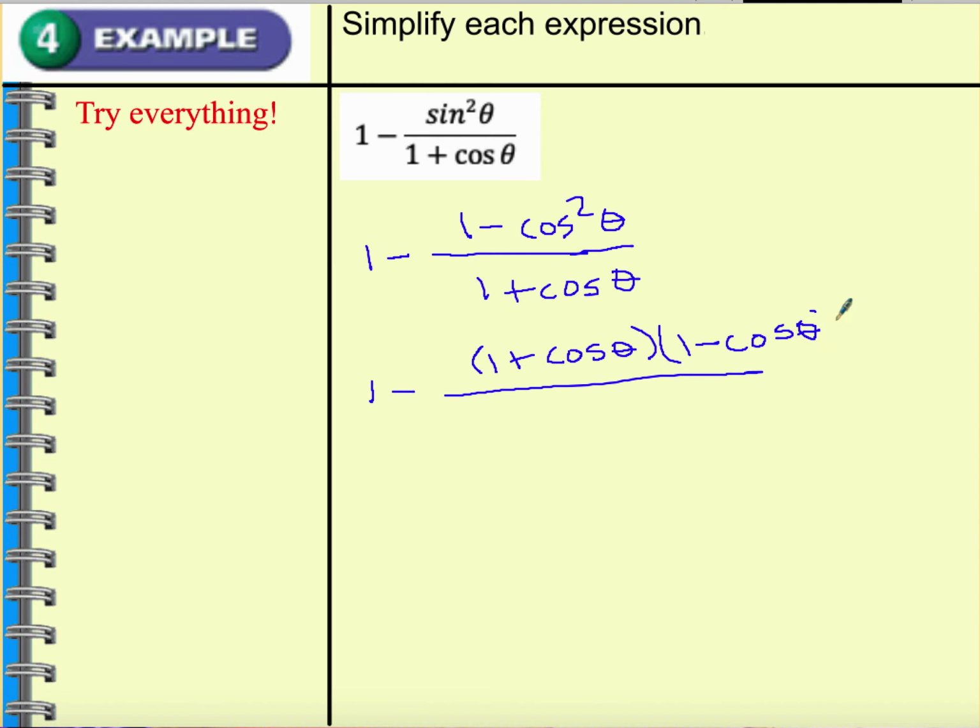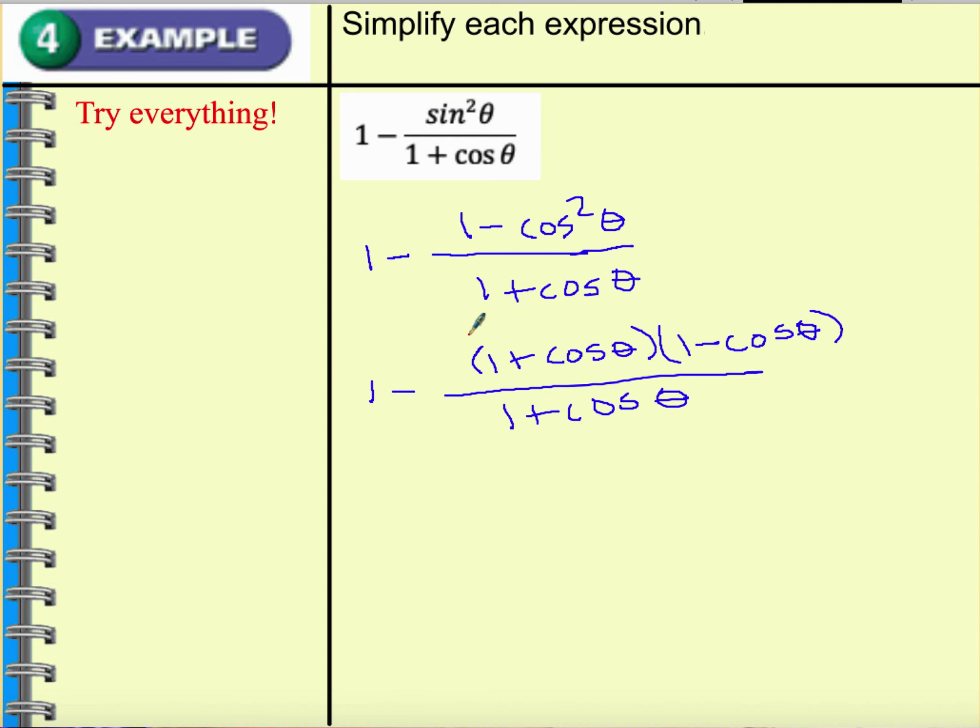Now, why did I think of doing this? It was because of that 1 plus cosine in the denominator. I was just thinking, man, I really wish that wasn't there. And I know that 1 plus cosine times 1 minus cosine is 1 minus cosine squared. So I figured, why not try and use the Pythagorean identity?